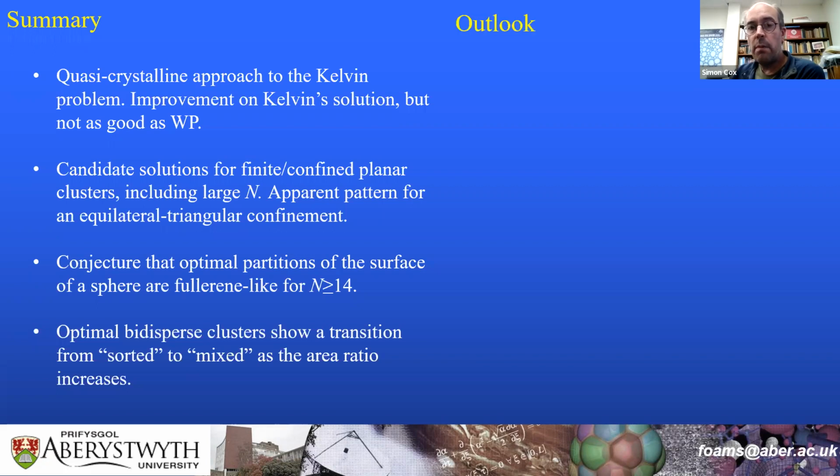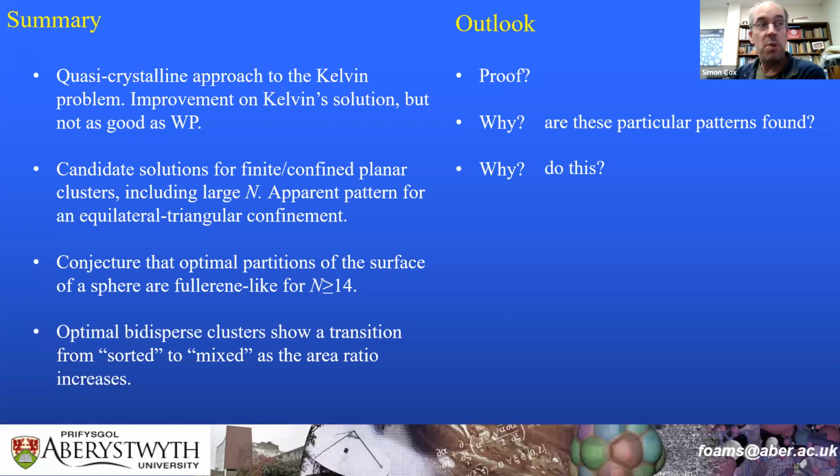So, of course, one question is, does this help someone to prove something? Another question is why? Why do we see those particular patterns? Another why is why do we do this? It's interesting. It's perhaps informative for looking at foam structures.